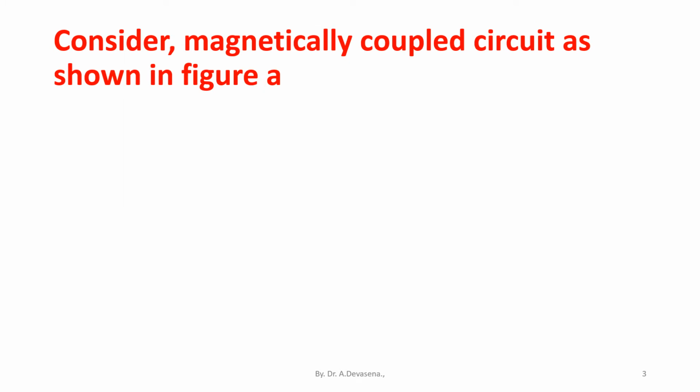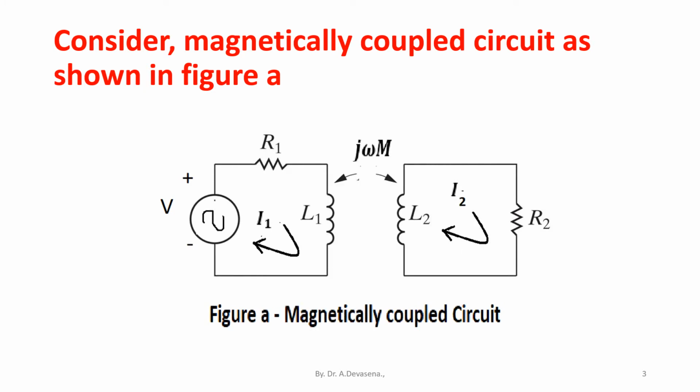Consider the magnetically coupled circuit as shown in figure A. This is the representation of the magnetically coupled circuit. In this circuit, voltage is applied to the first loop, and for that, current I1 is flowing.